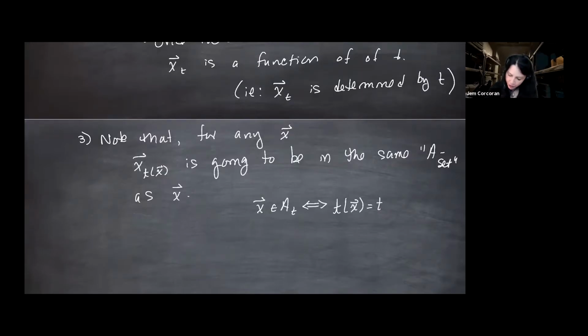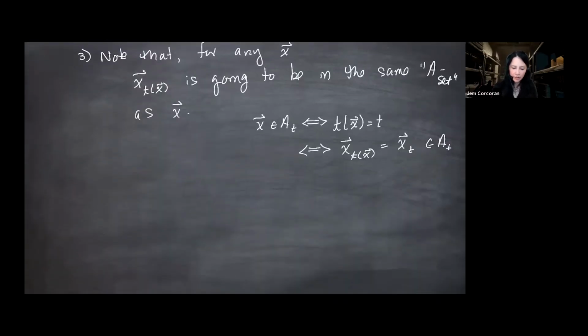And that's going to be true if and only if the x vector sub t of x is equal to the x vector at t, which is in A sub t. That's, I think, maybe the worst part of it, actually, so it's not that bad. Now that I look at it again, it just feels really weird and circular.